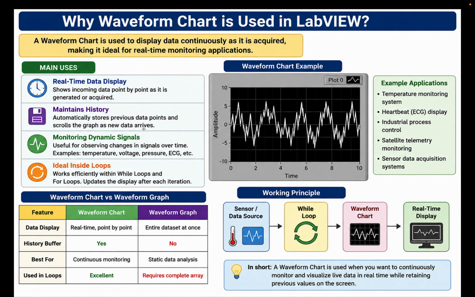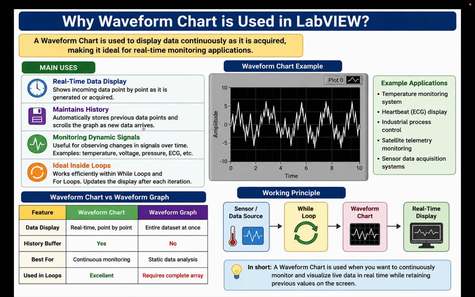A waveform chart is used to display data continuously as it is acquired, making it ideal for real-time monitoring applications. That means there are two ways of displaying the data.